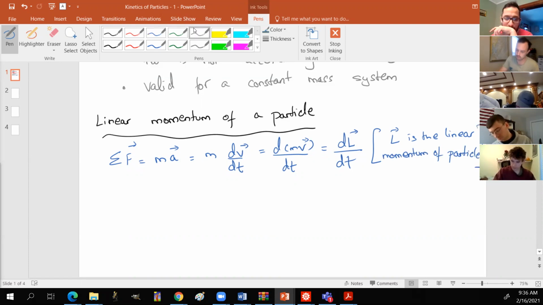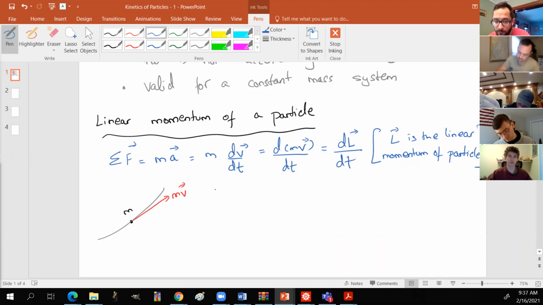So if your particle's traveling along some path, it's got a mass m, and its velocity is always tangent to the path, so you can have this linear momentum, which is in the same direction as your velocity.